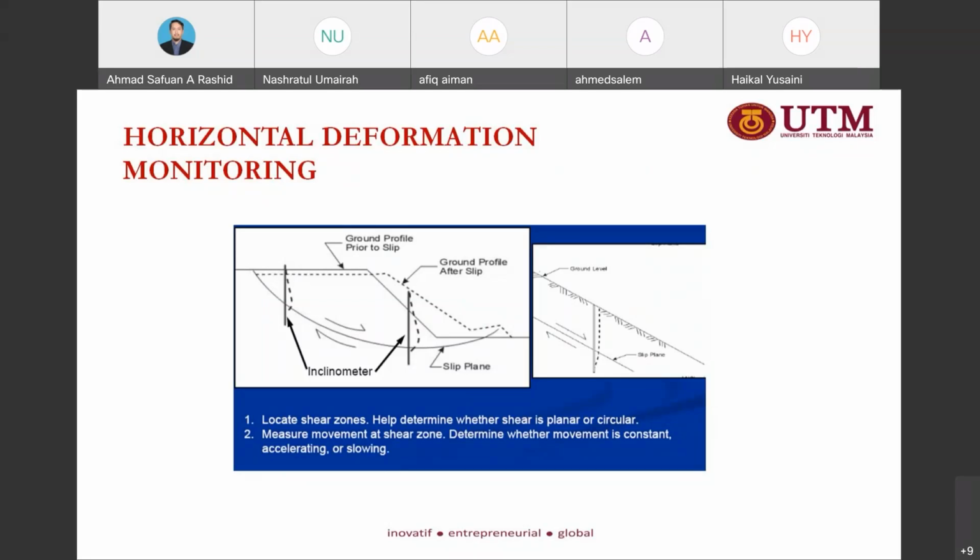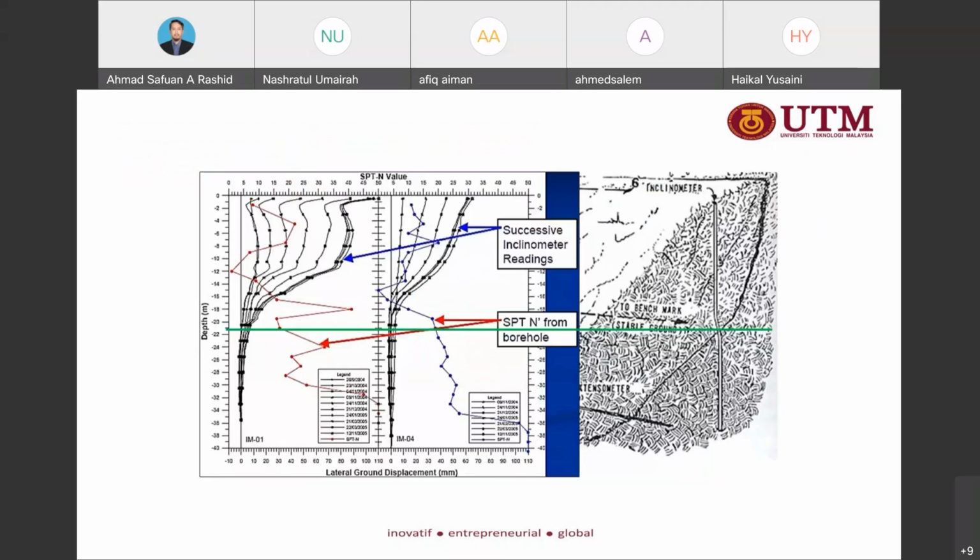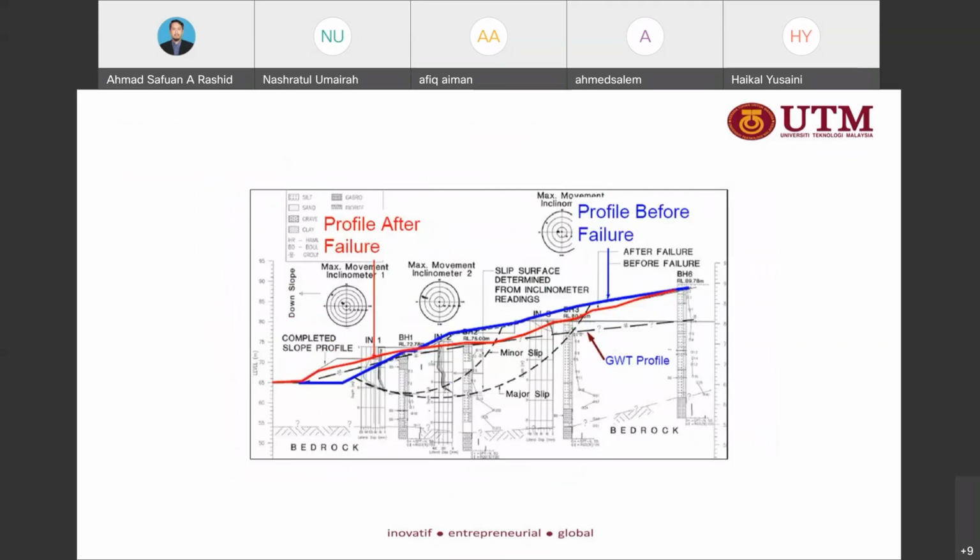In that case, we can get the value for the horizontal deformation correctly. The blue one is before failure and the red one is after failure.